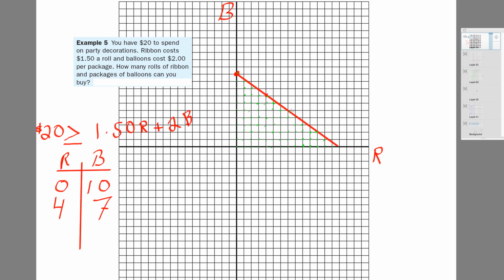If you want more balloons than ribbons, it gives you a sense of where you would need to get to solve that. So we've got our equation. We have this 20 is greater than or equal to 150R plus 2B. We have our region of solution, and then it's your decision as the capitalist to decide what to do.